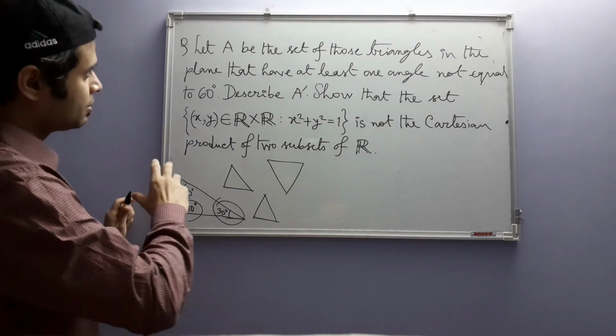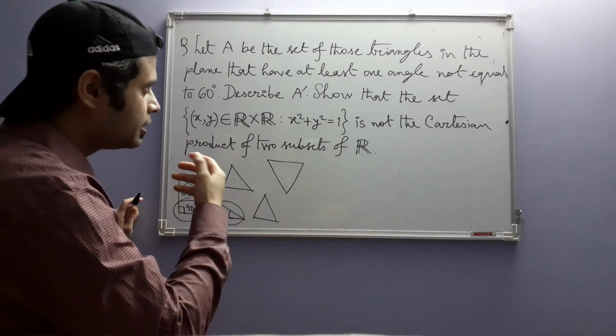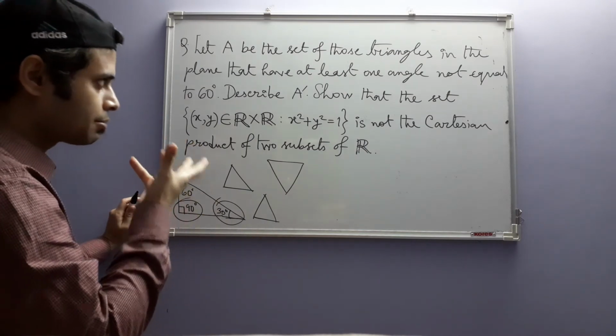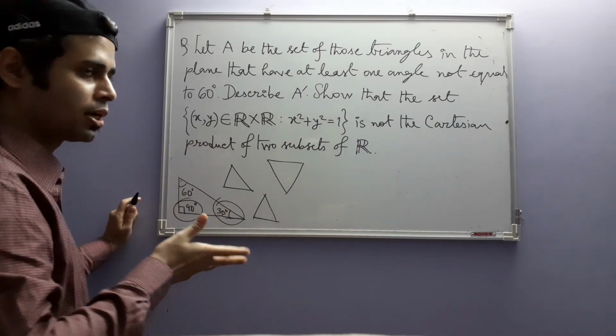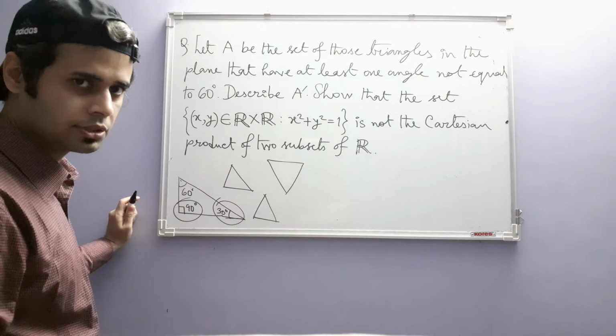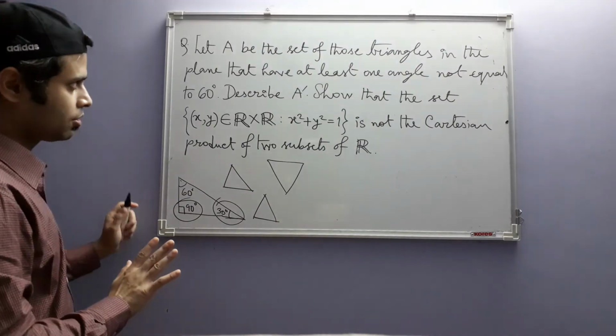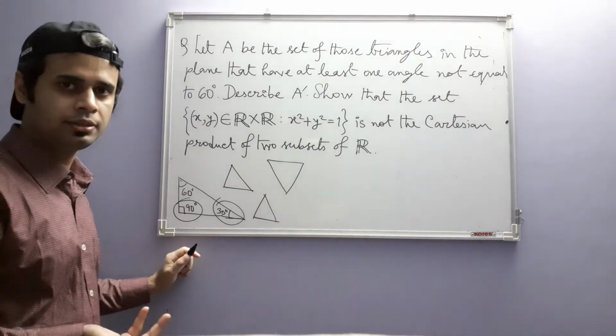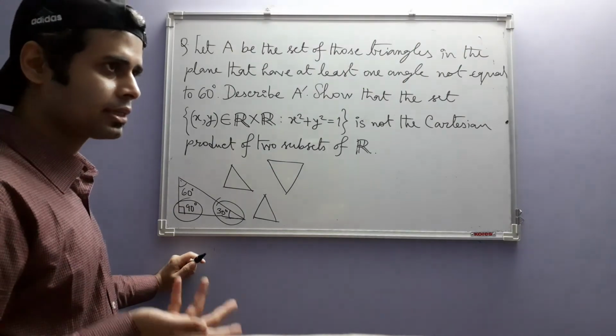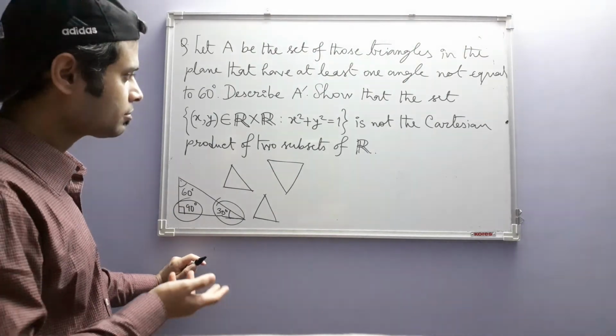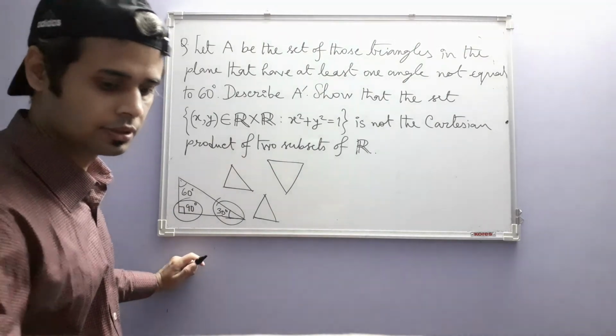Now if something is not in A, then that must be a triangle where all the angles are equal to 60 degrees. And you already know from plain Euclidean geometry that such triangles are equilateral triangles.